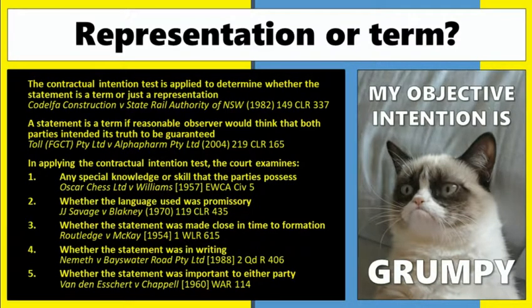The next area the courts can look to when trying to determine the objective intention of the parties is to look at the underlying language that's being used. And this particular citation is J.J. Savage and Sons v Blakney. In that situation, there was a boat, and Blakney had made it clear when purchasing the boat that he was after one that could achieve a certain speed.